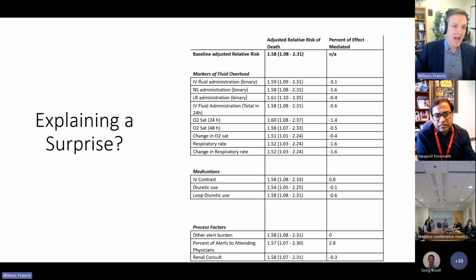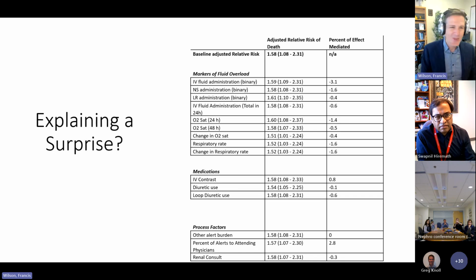The other thing I want to point out, as sort of a thought experiment, is what if I had shown exactly the opposite effect? What if I had just told you that in the non-teaching hospitals, the relative risk was 1.58 against control, so a benefit in the alert group. You might have asked what mediated the benefit, but if I showed you that nothing really did, you probably would have thought, well, that's okay.